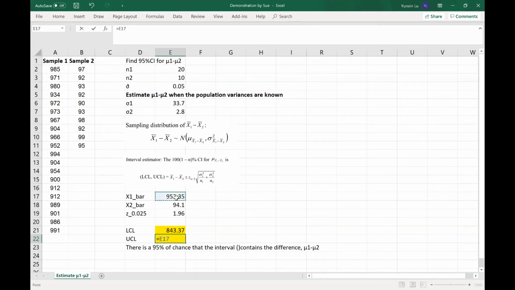We do it in the same way. Population variance, size of sample 1, population variance, size of sample 2.